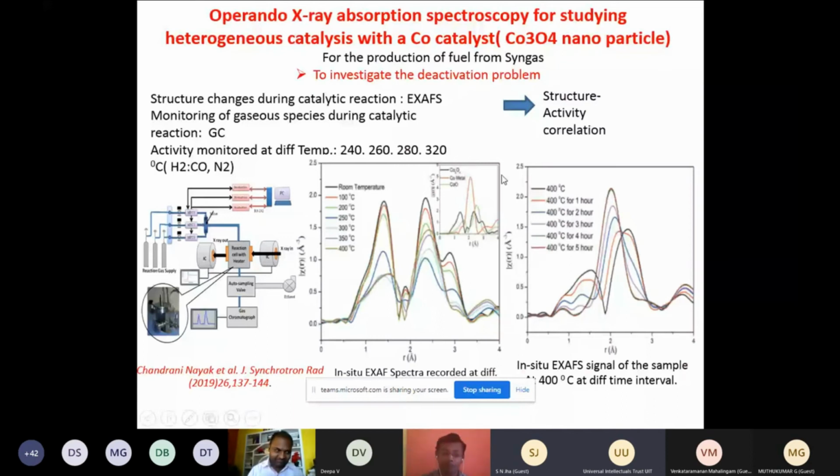Basically, some carbon deposition is the cause of structural deactivation.